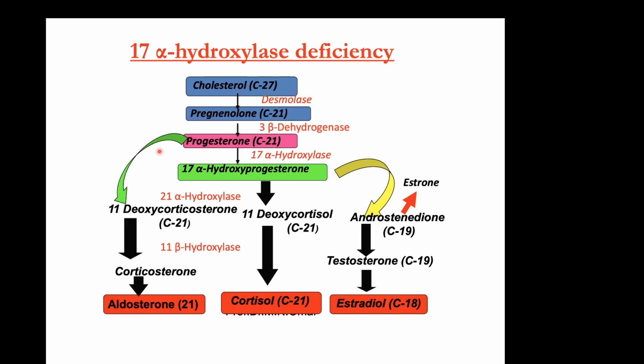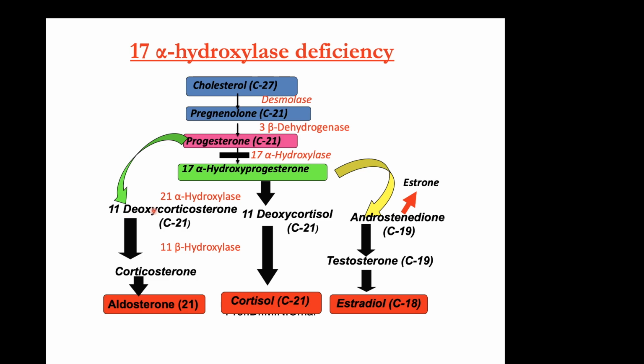In another type of enzyme deficiency, that is the 17 alpha hydroxylase enzyme, this enzyme is deficient, defective or abnormally functioning. So what happens? Progesterone is still synthesized, and this progesterone can be hydroxylated into 11-deoxycorticosterone.